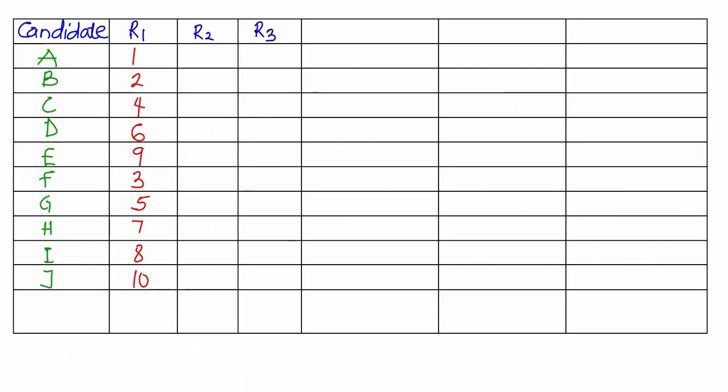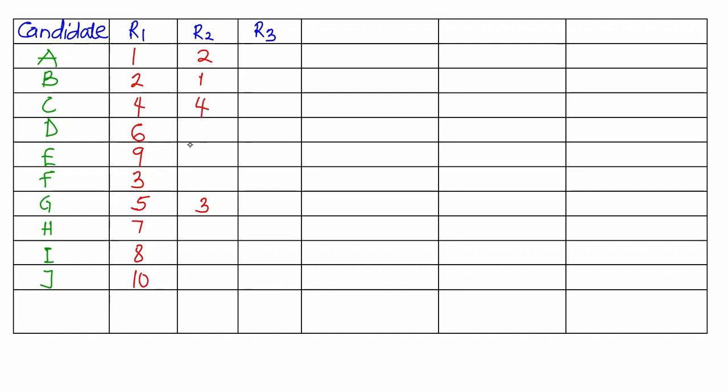So for examiner 2, the values are these. We remember that B took the first rank, so B will now have 1, followed by A, that was 2, and then G was the 3rd. You can remember that C was the 4th.